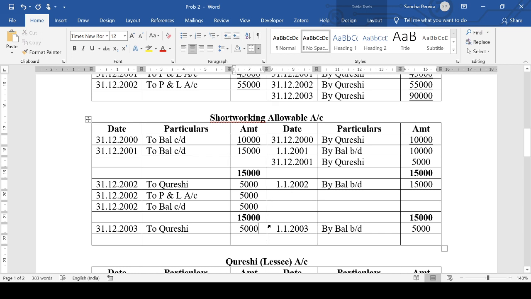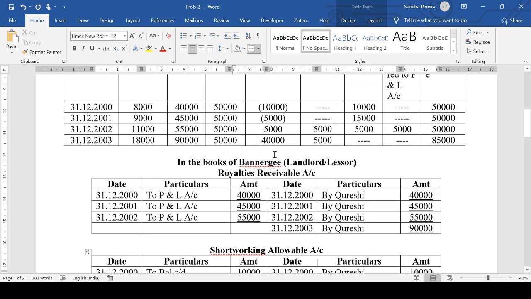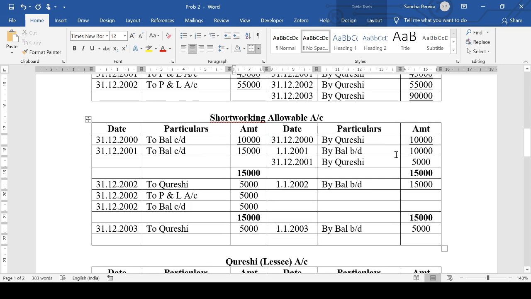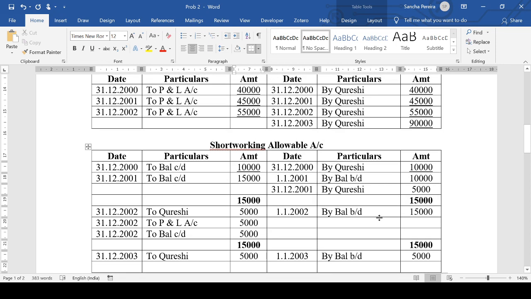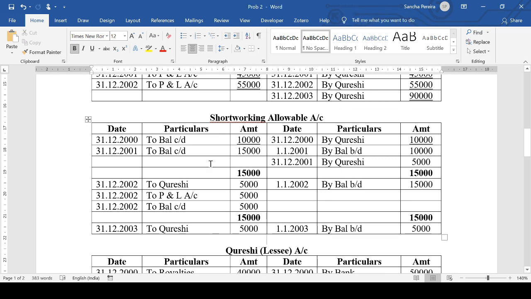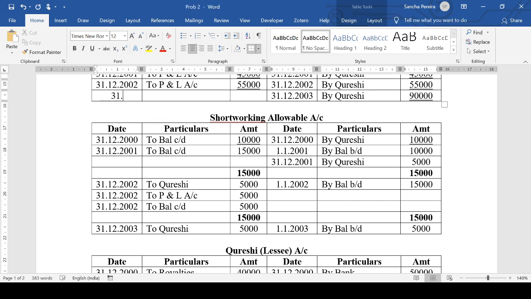There is nothing transferred to P&L account. There is no short working transfer to P&L account in the last year. And the final entry is transfer the royalties to the P&L account.